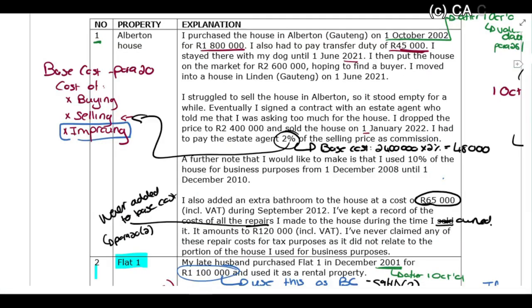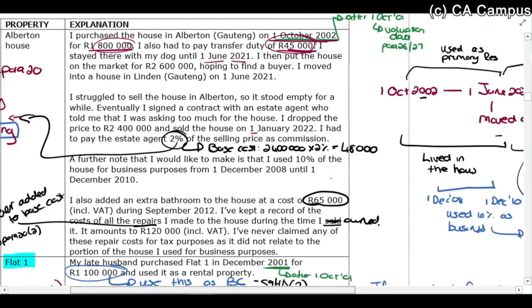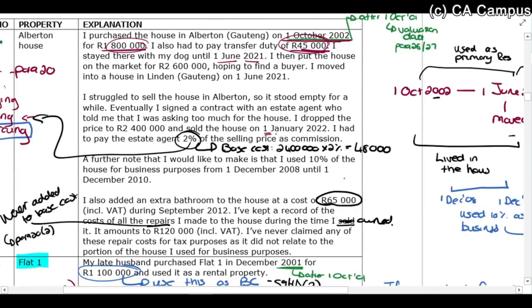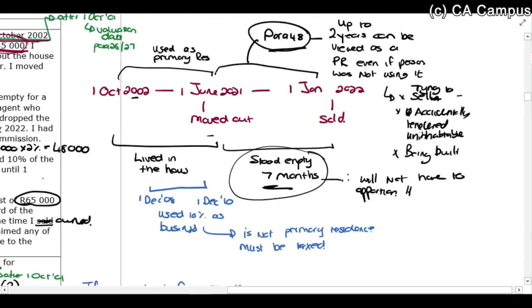So the house in Alberton was purchased on the 1st of October 2002 for 1.8 million. Transfer duty of 45,000 rand was paid. She stayed there from the 1st of October 2002 until the 1st of June 2021, but it was only sold, you'll remember, on the 1st of January 2022.